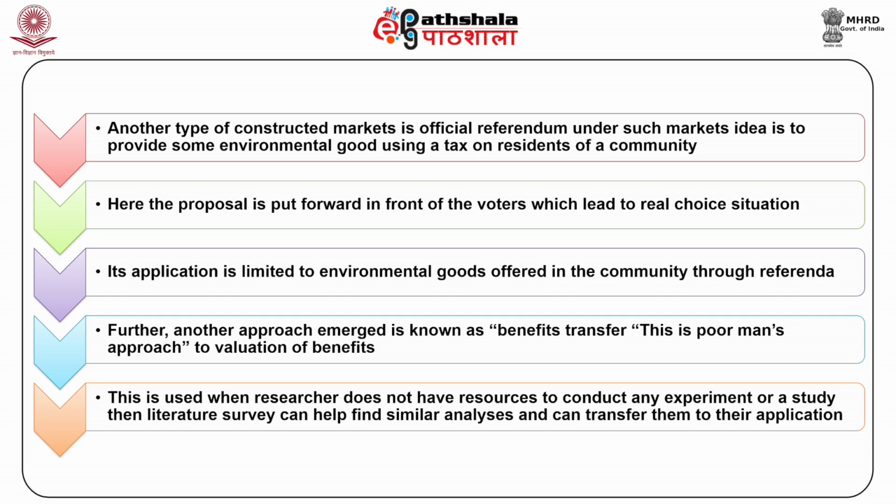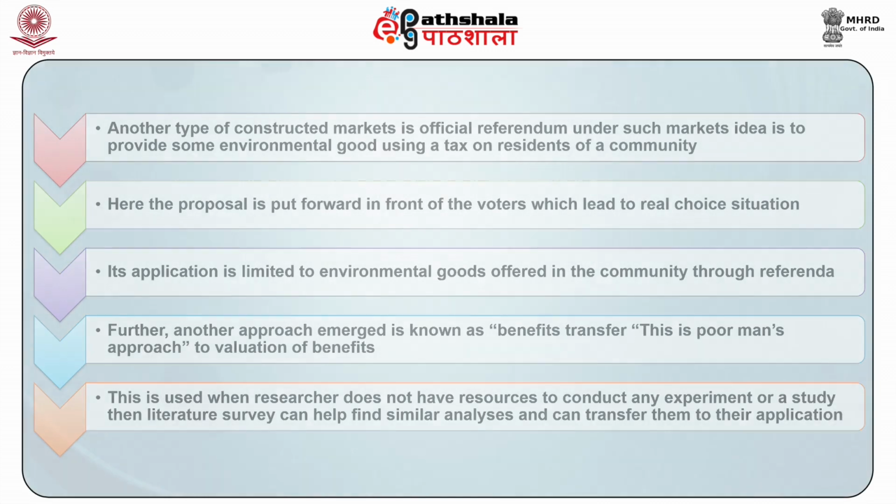Further, another approach emerged which is known as benefits transfer. This is a poor man's approach to valuation of benefits. This is used when researcher does not have resources to conduct any experiment or a study. Then literature survey can help find similar analysis and can transfer them to their application.